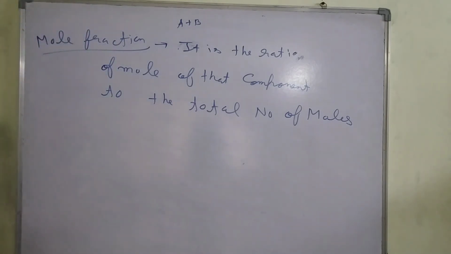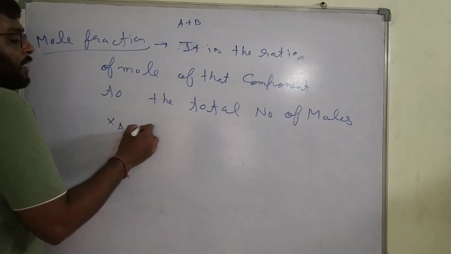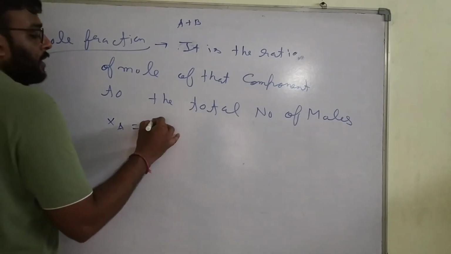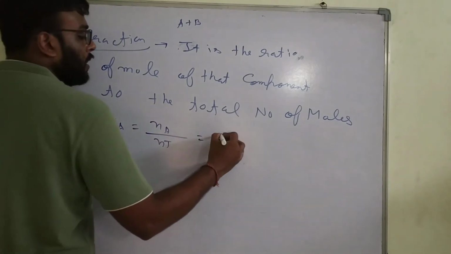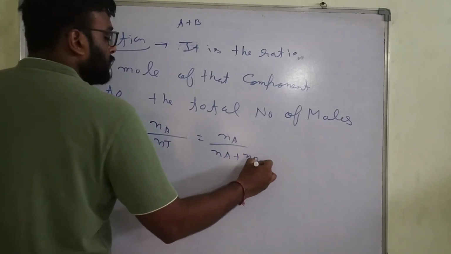It is called mole fraction, represented by x. I am talking about the mole fraction of A and B. So what is the mole fraction? It is N, the moles of that component, upon N total. What is N total? N total is equal to Na plus Nb. It is called mole fraction.